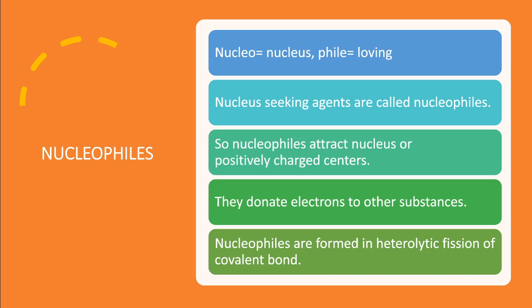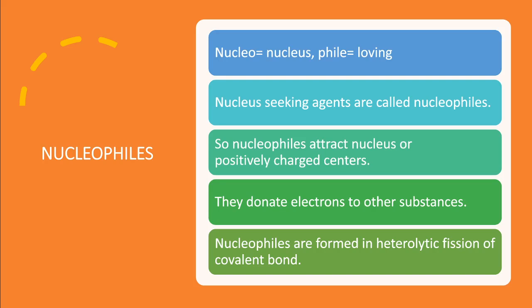Generally, these nucleophiles have an excess of electrons, and because of that they donate electrons to other substances. Nucleophiles are generally produced in heterolytic fission of a covalent bond, which we have already discussed.